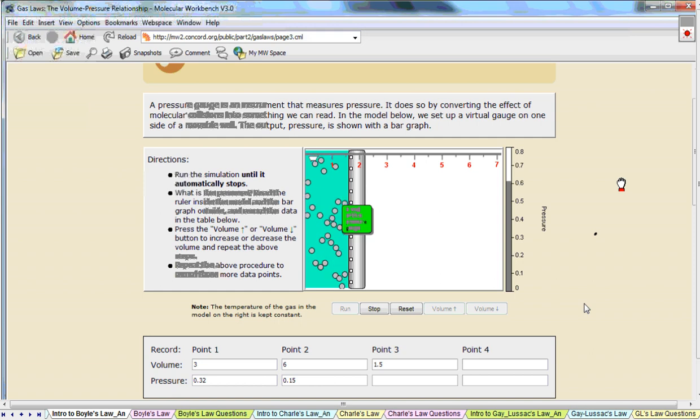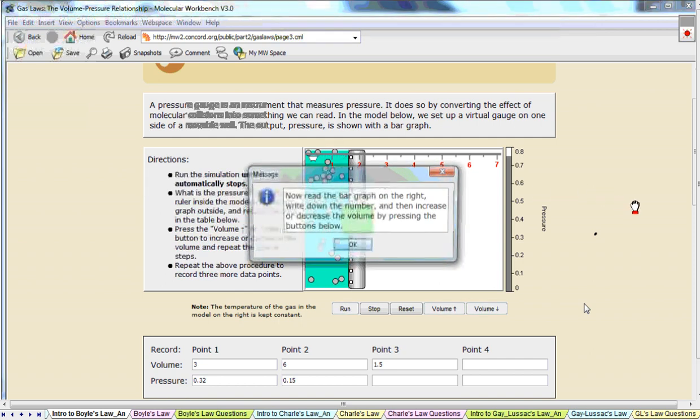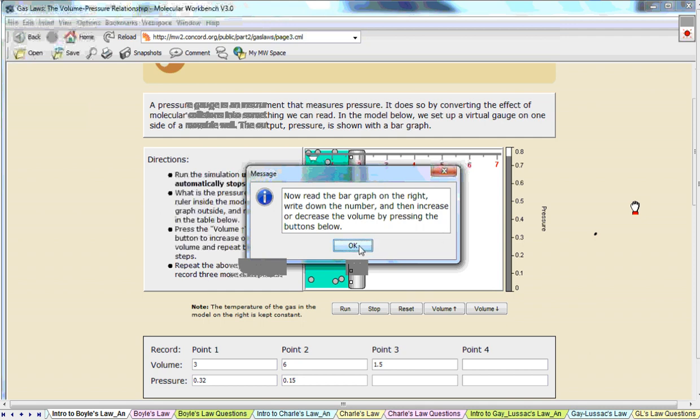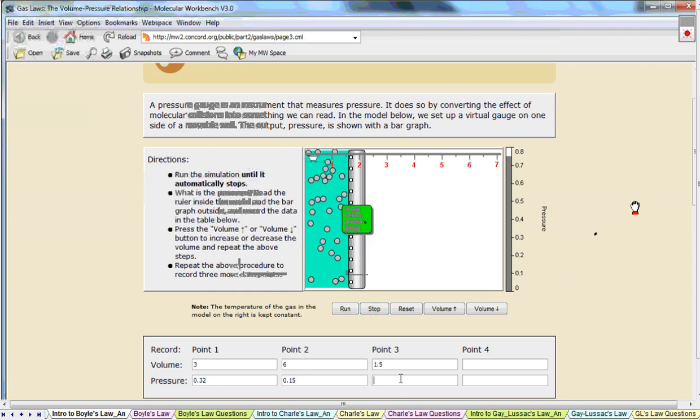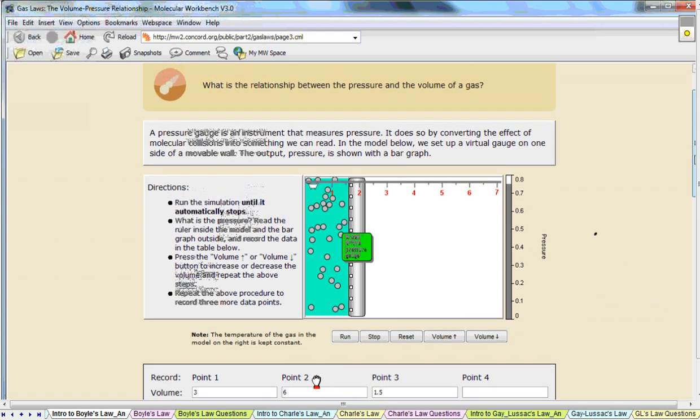By decreasing the volume, we have a much greater frequency of collisions hitting the side wall, which translates into greater pressure. And our pressure here is much greater. We more than doubled the pressure from the initial test at 3 liters.